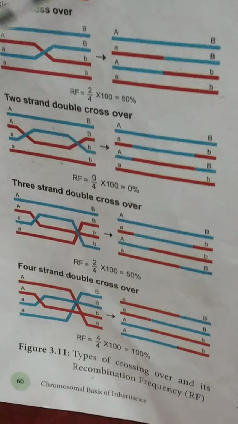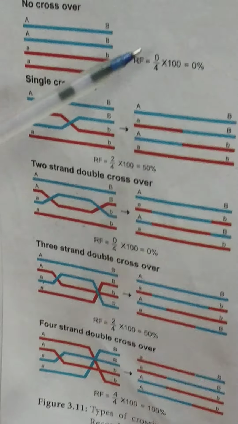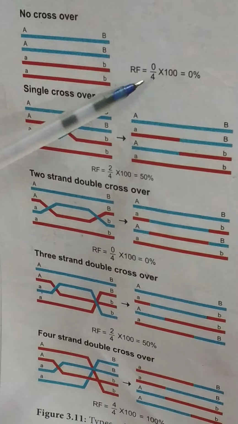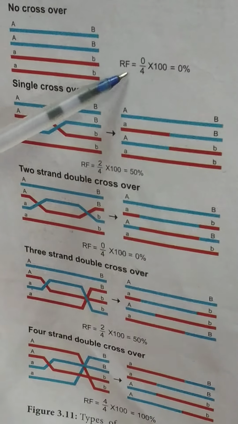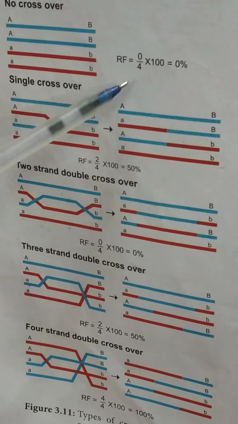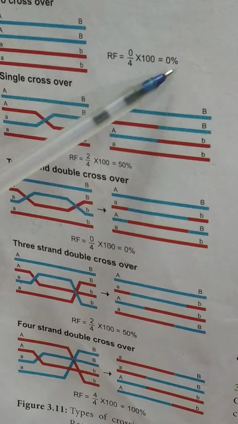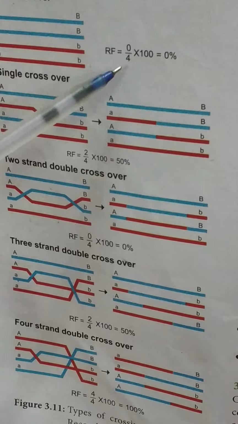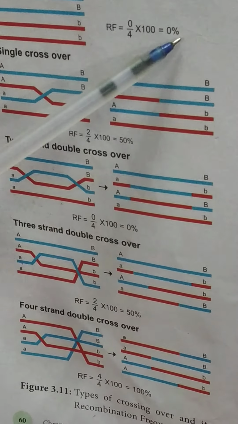RF means recombination frequency. How is it calculated? The number of recombinants divided by the number of offsprings formed, into 100, gives the recombination frequency. So number of recombinants divided by number of offsprings formed into 100 gives the percentage of recombination frequency. 0 by 4 into 100, no crossing over, 0%.